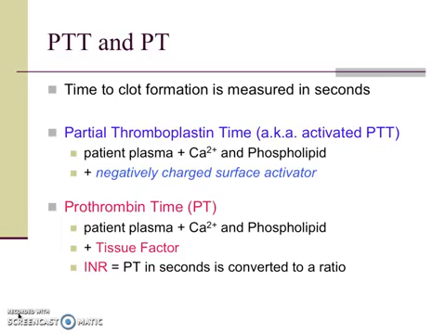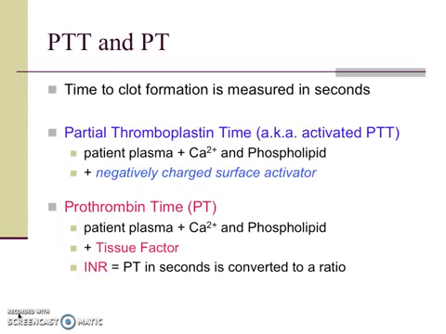Therefore, a normal PTT result means a normal intrinsic pathway, and that means normal factors 12, 11, 9, and 8 level and function. In the prothrombin time or PT test shown in pink on this slide, we add back calcium and phospholipid to the patient's plasma again, but this time we add tissue factor to the sample instead. This forces coagulation in the test cuvette to proceed down the extrinsic pathway by directly activating the patient's factor 7.